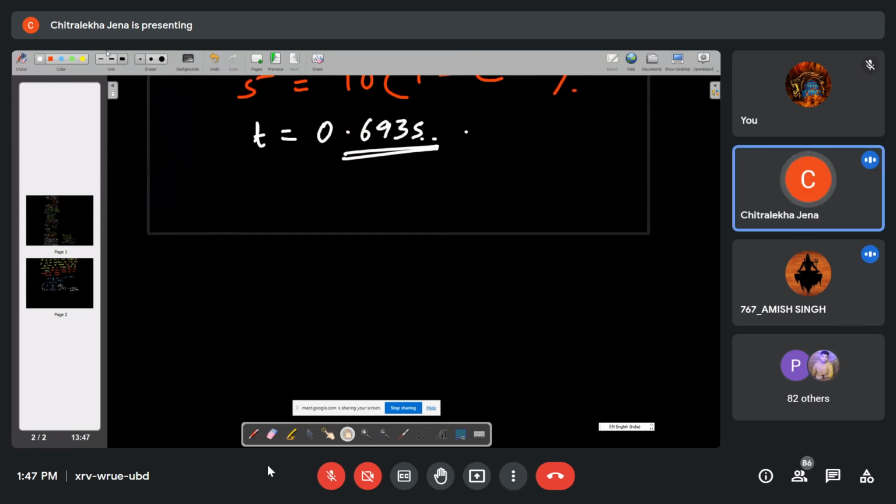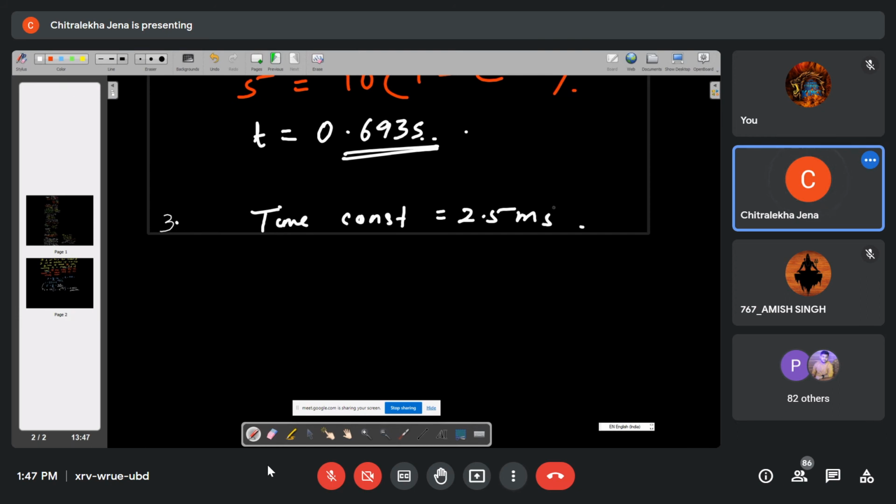Now another problem you do. Number 3. This problem, this one I will not do. Number 3. Time constant, I am writing in short. Time constant is equal to 2.95 millisecond.